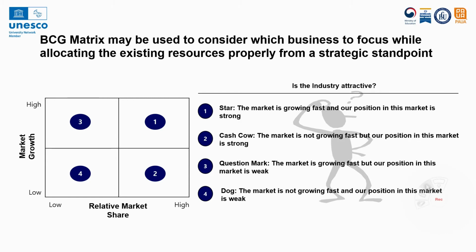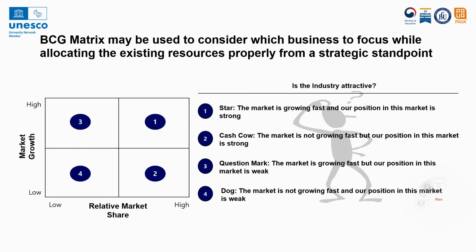And if you also look at the sentence of allocating the existing resources properly, that's exactly why we build a business strategy. The reason we build a business strategy is to allocate the limited and existing resources properly, right?